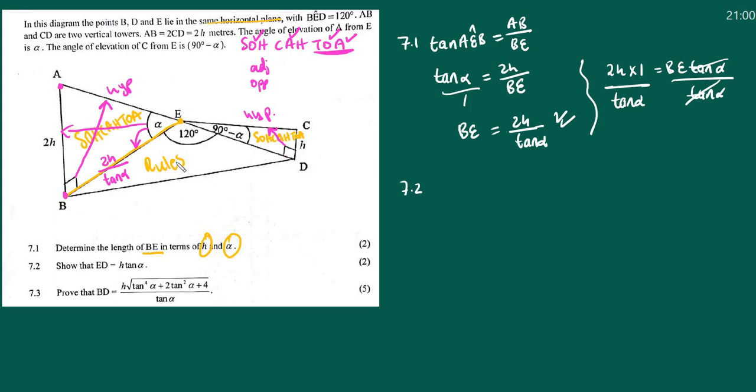It's in triangle EDC, which is a right angle triangle. So we are looking for ED, and there is H there, meaning that we can use CD again. In this right angle triangle, ED is adjacent, CD is opposite, so still it's tan.